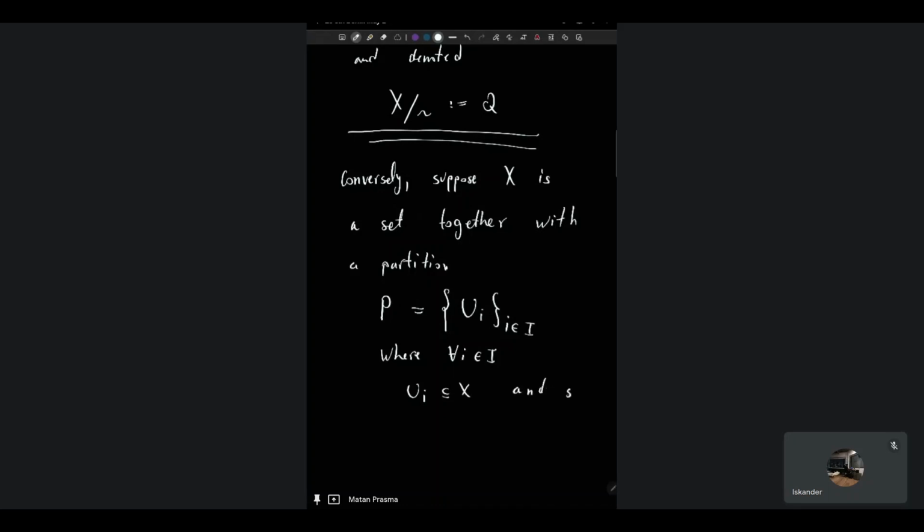and such that, I mean, these are the two properties of a partition.